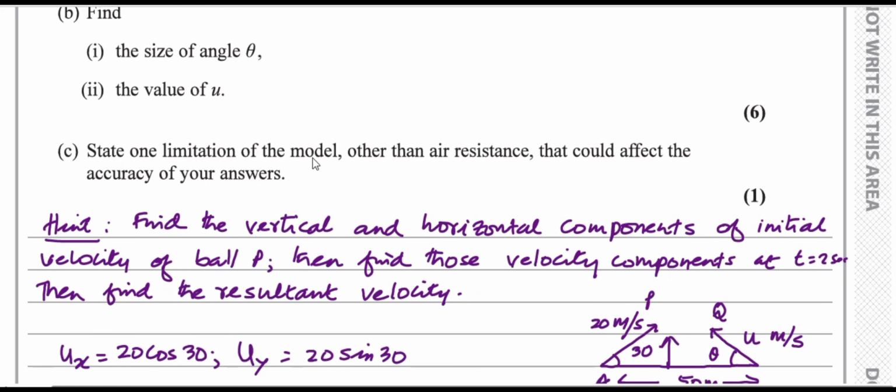Part C. State one limitation of the model, other than air resistance, that could affect the accuracy of your answers. The safest comment that we can make here is that the balls have been considered as particles, whereas they will have size and shape.